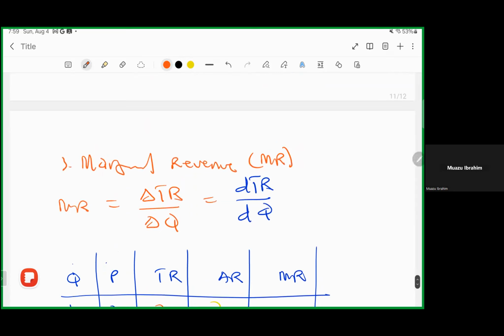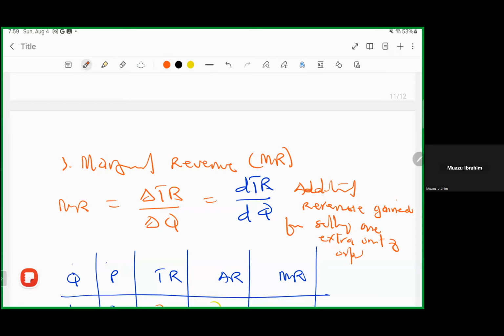So the additional revenue gain from selling 1 extra unit of output. So that is the marginal revenue.